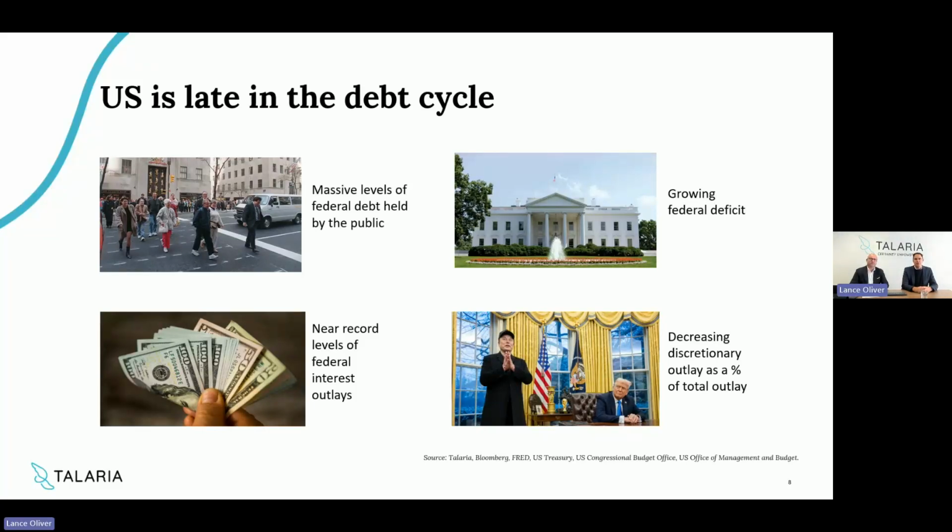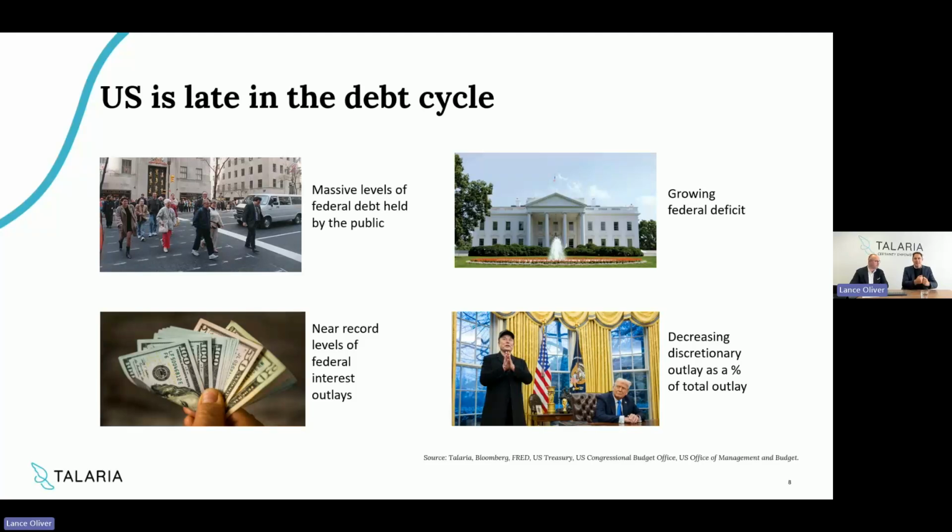Here on the screen, we've identified a number of points that academic studies have shown have coincided with periods where there's been a change to the debt profile of any country. The first of that is the absolute level of debt. Rogoff and Reinhart, for example, talk about over 100% of government debt to GDP, typically as a threshold where it becomes a high risk zone.